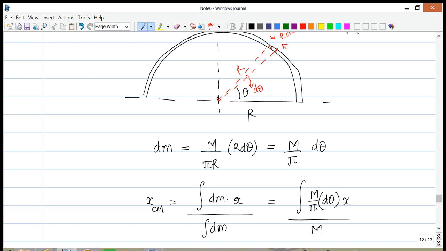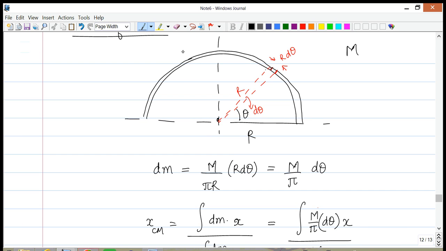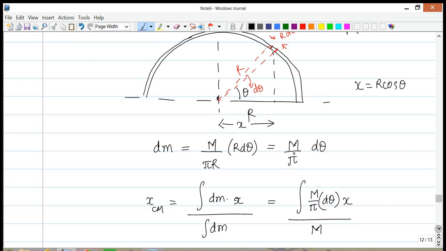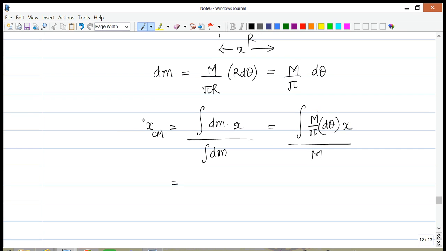In this case, it's very easy: x is nothing but the projection of this radius vector on the x-axis, and this happens to be r times cosine of theta. So now we can substitute m over pi d theta times r cosine theta, divided by the integral of dm.